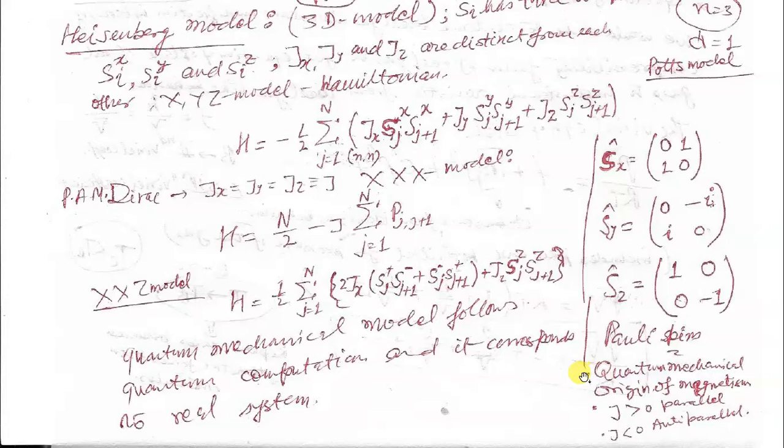They follow certain commutation laws according to the principles of quantum mechanics. So in solving the Heisenberg model quantum mechanically, we may get an idea of magnetization that has quantum mechanical origin. When J is positive, in this case too, we have parallel alignment of the spins. When J is negative, we have anti-parallel alignment.